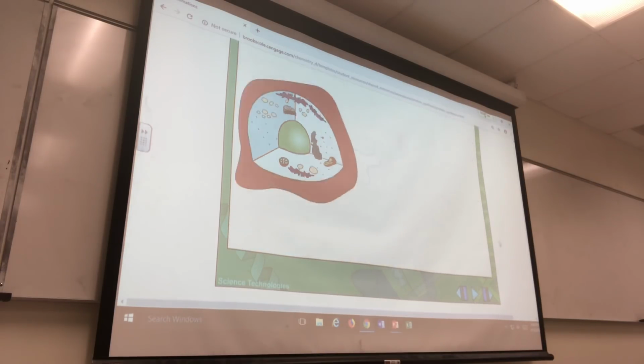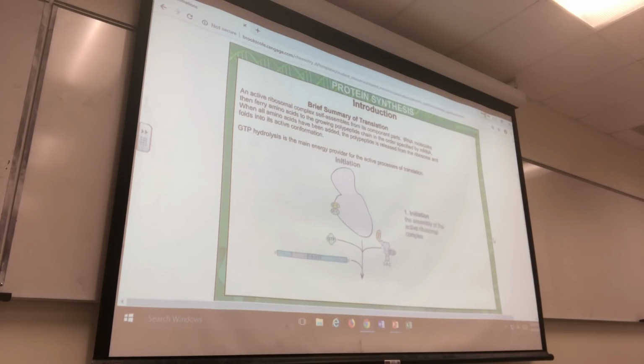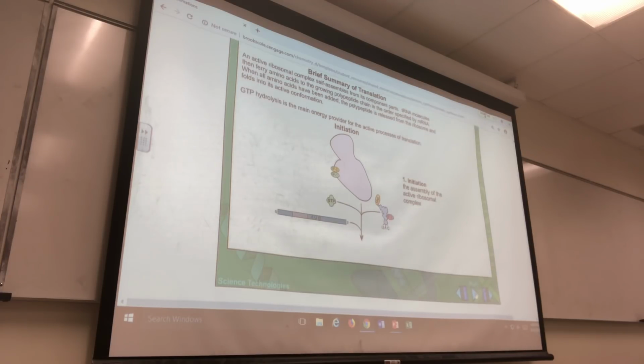Is there a way to skip to the next thing? Let me get to the cool stuff. Ribosomes are everywhere, or whatever. Okay, so translation is split up into 3 steps. You might recognize these names: initiation, elongation, and termination. So it's the same names as in transcription, but they each involve different components, of course.